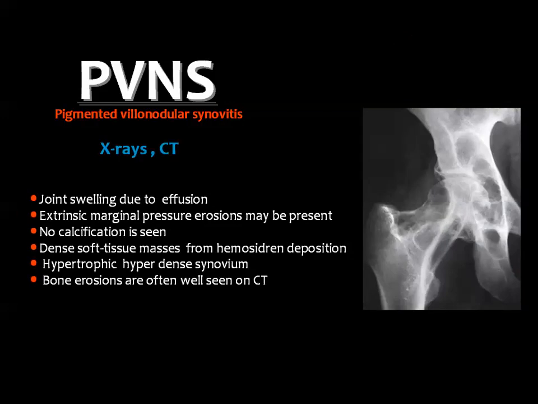In the early days before the era of CT and MRI, we diagnosed pigmented villonodular synovitis from the plain films by these manifestations, which include joint swelling due to effusion, extrinsic marginal pressure erosions, as you can see here, erosions or osteolytic lesions on either side of the articular line, indicating that this is an articular disease, not a bone disease.